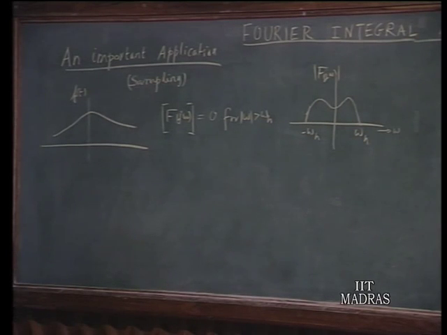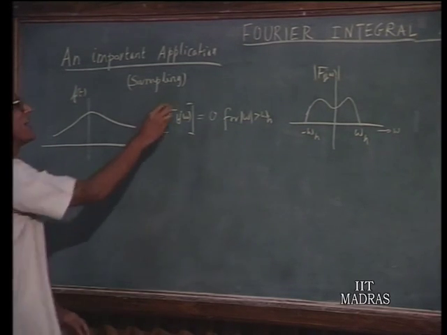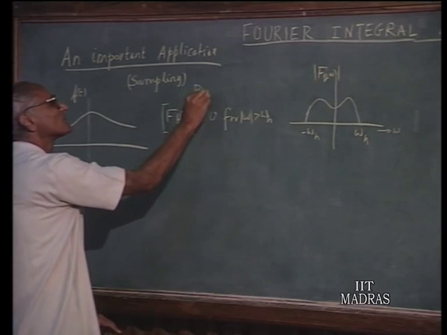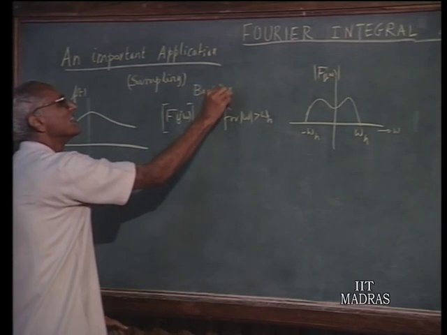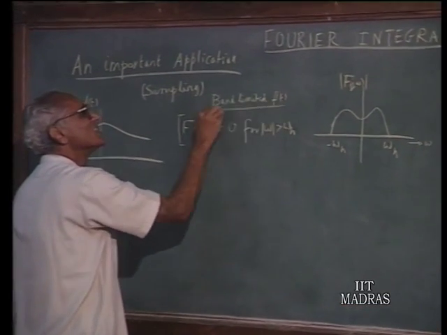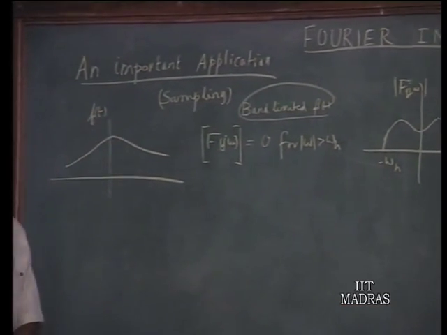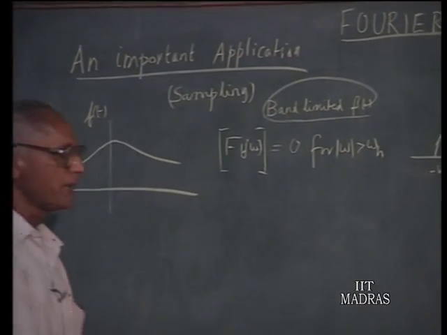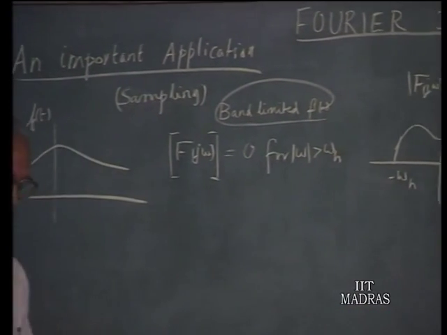No component of frequency beyond omega h on the positive side and minus omega h on the negative side exists in this particular f of t. Such functions are called band limited functions, band limited f of t. That means, the frequency band of the components that exist in f of t are limited to this band, nothing beyond that.